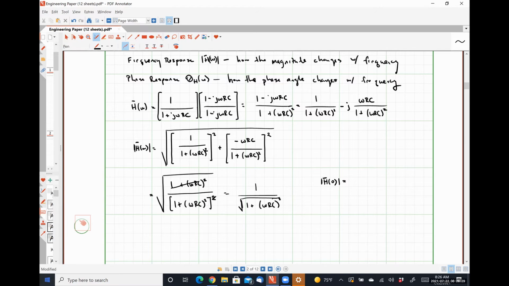Any thoughts? So we literally just substitute in 0 for omega into our expression, and that leaves us with 1 divided by the square root of 1, which is 1.